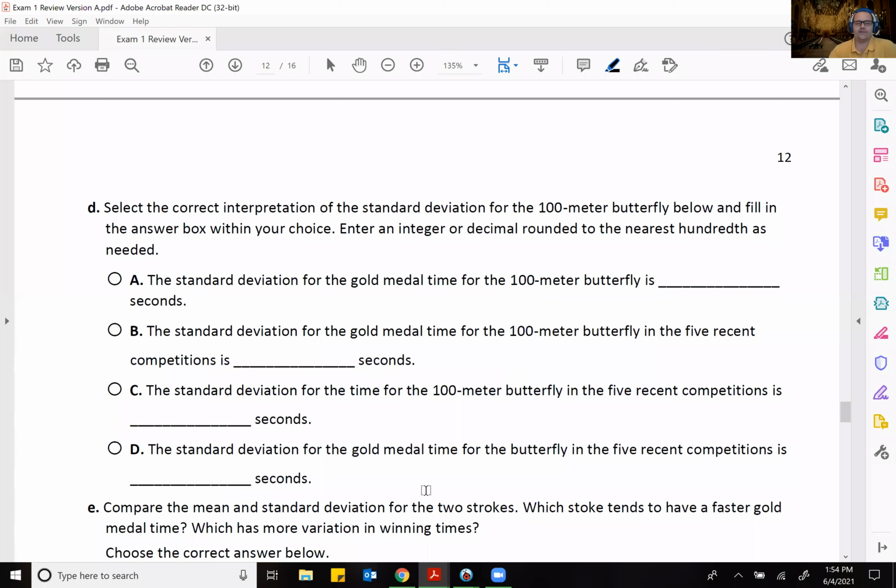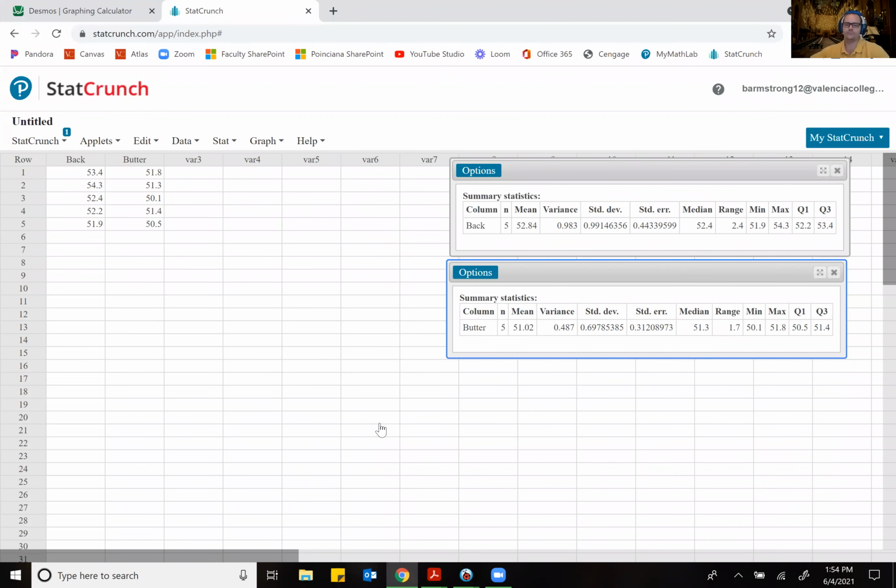Let's go find our standard deviation, rounded to the nearest hundredth. 0.70. This is one where the 7 says, hey, 9, go up and make this 70. So in the blank, you'll put 0.70.